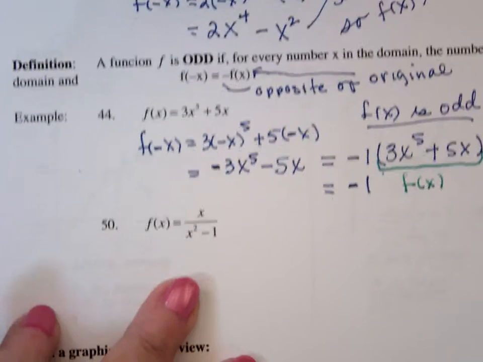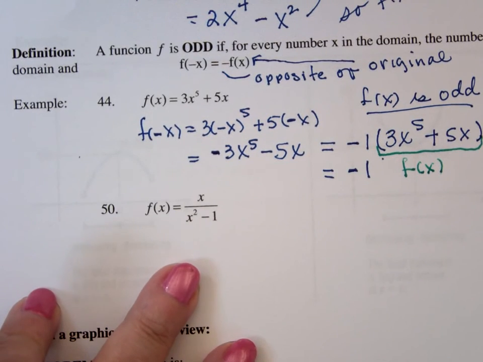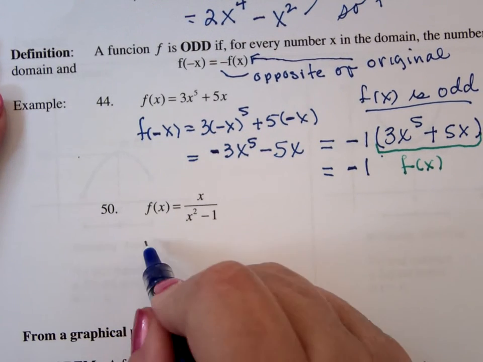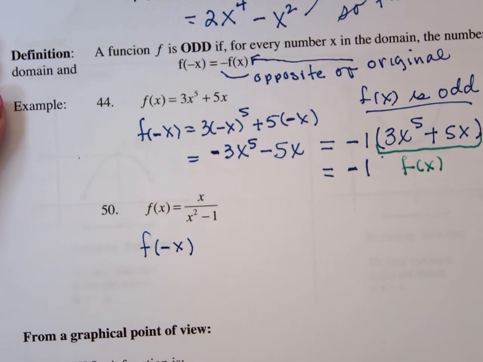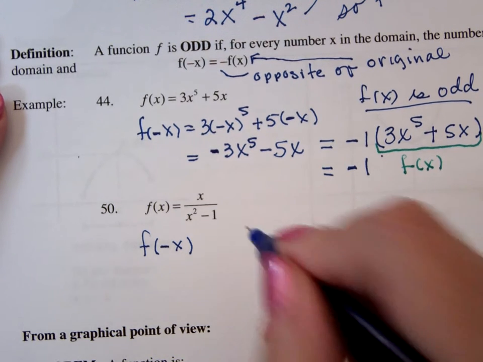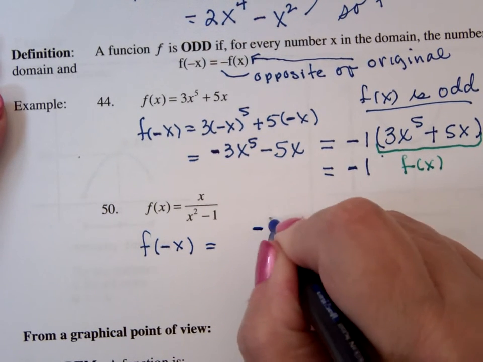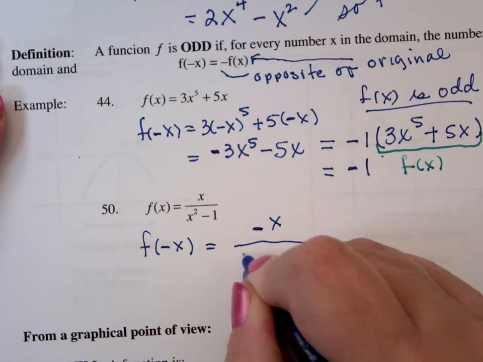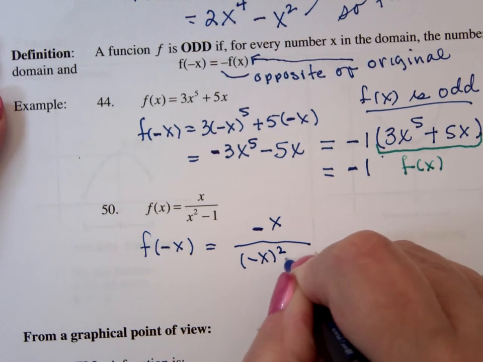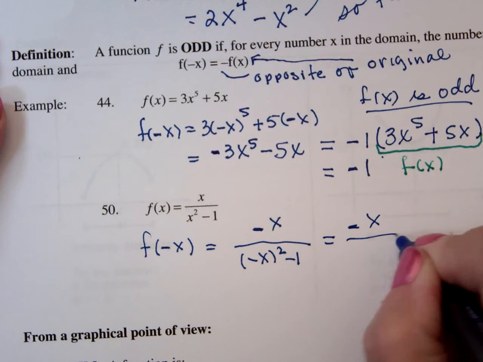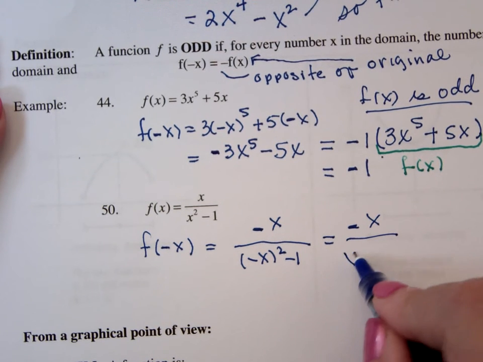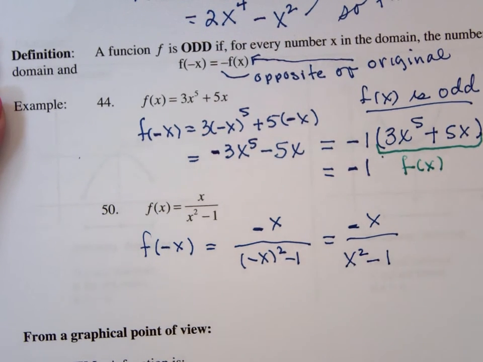Now the question is, is this guy odd? Well, what would you look at? f of minus x. It's going to be the opposite of the original, which is minus x over minus x squared minus 1, which is minus x over, minus x, the quantity squared, is just x squared minus 1.